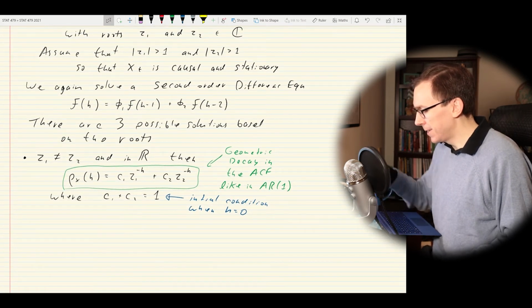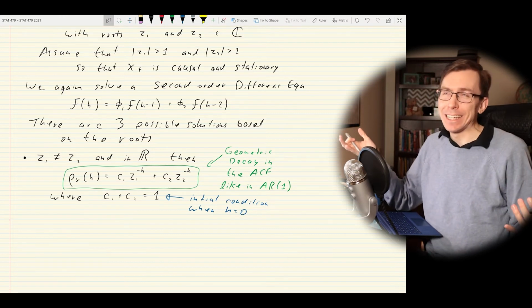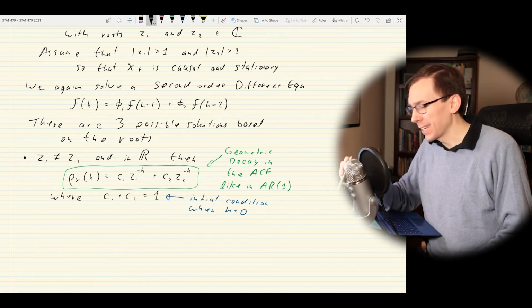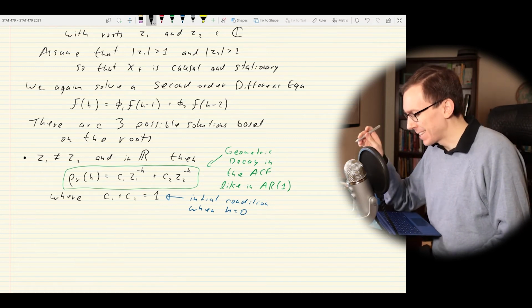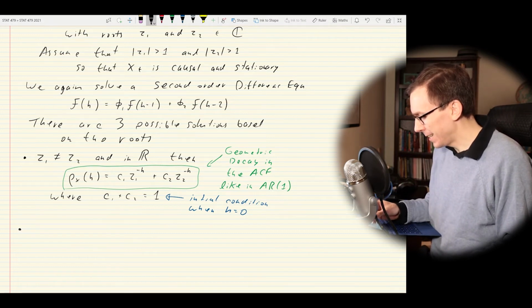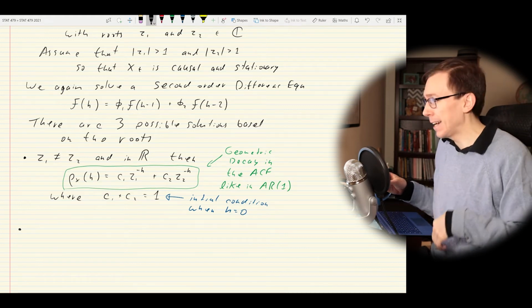Here, it's not exactly straightforward how the roots depend on phi 1 and phi 2. Yes, we could solve a quadratic equation. I don't really want to. It's going to be annoying to do that, and it's not going to really help us interpret it. So roughly in that setting, we'll just know that there's going to be a geometric decay in the ACF function.